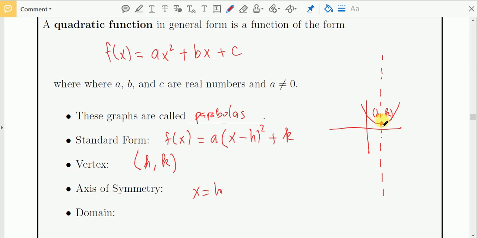So this line has the x coordinate of h, so this is x equals h, and the domain, of course, you can go anywhere on the x-axis, so negative infinity to positive infinity. So these are the basic properties of a parabola.